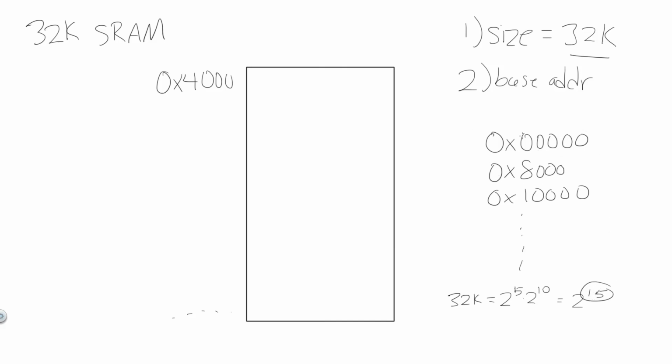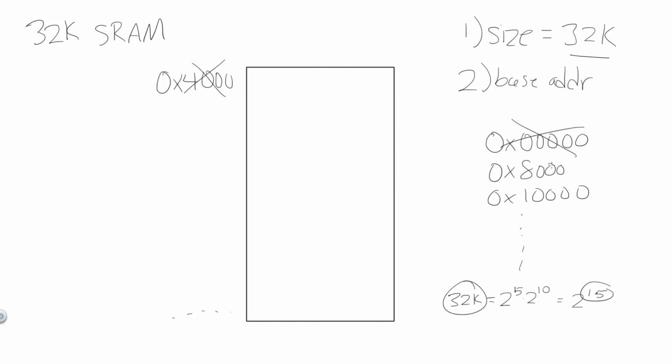Because the external memory range within the XMEGA's data memory map begins at address hex 4000, I should not use address 0 because it's not within the range I have available. And I cannot use address 4000 because it's only a 16K boundary. As we defined earlier, the chip select base address must be at least the size of the chip select, and 16K is less than 32K.